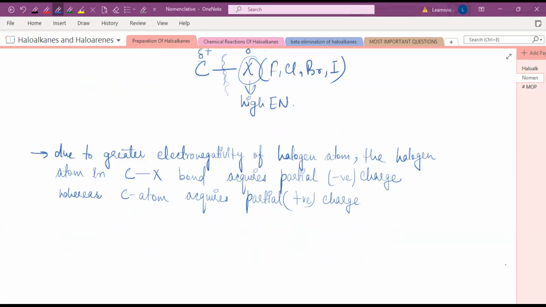Okay, let's do one more thing. Let's understand how to draw the isomers of alkyl halides.